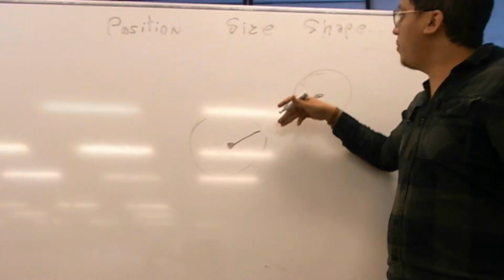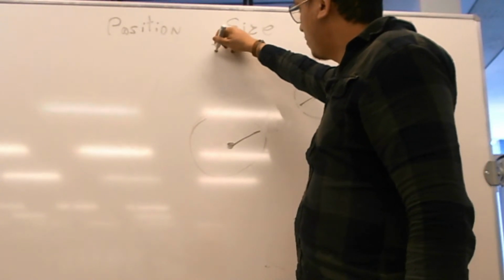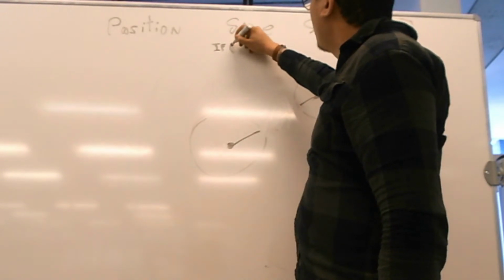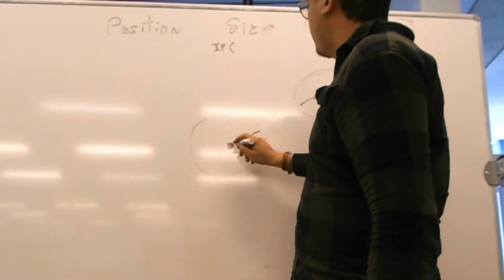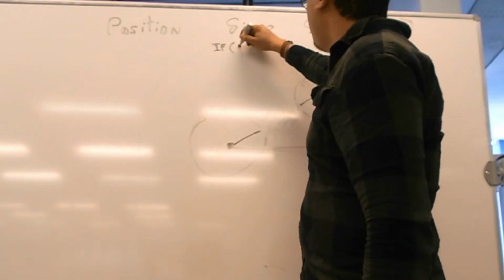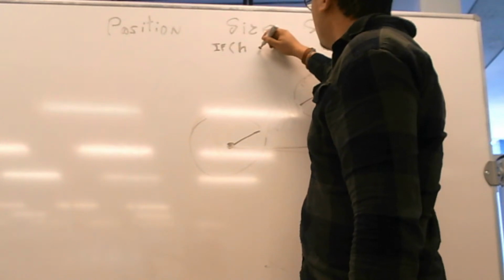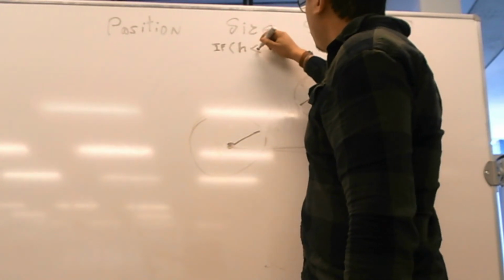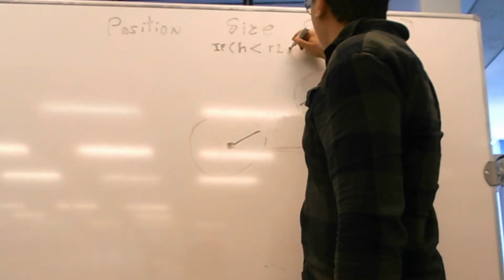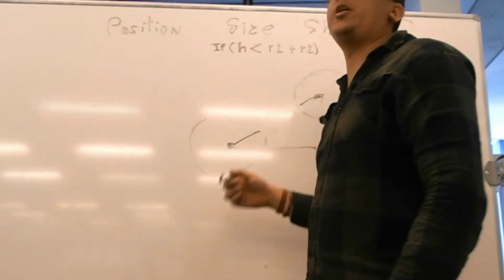So we can put this basically as: if the hypotenuse of this distance is smaller than radius 1 plus radius 2, they're touching.